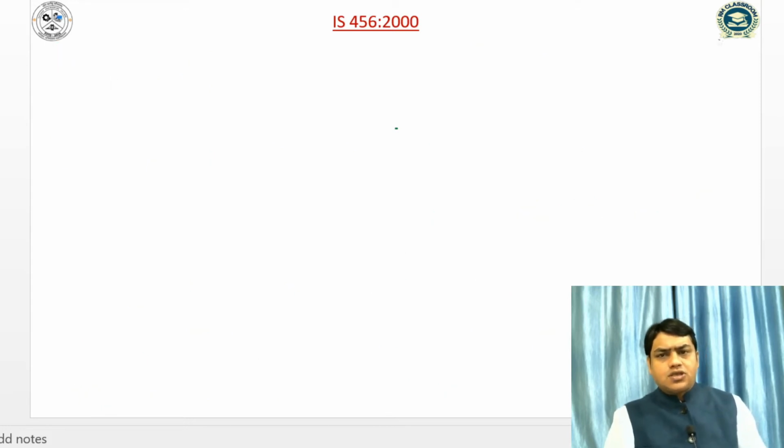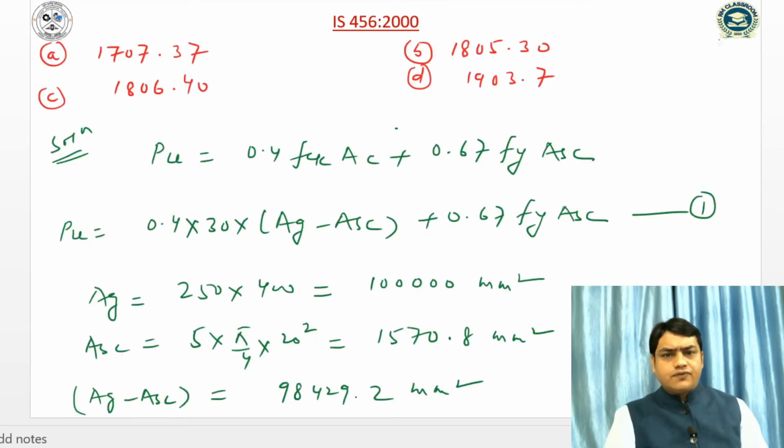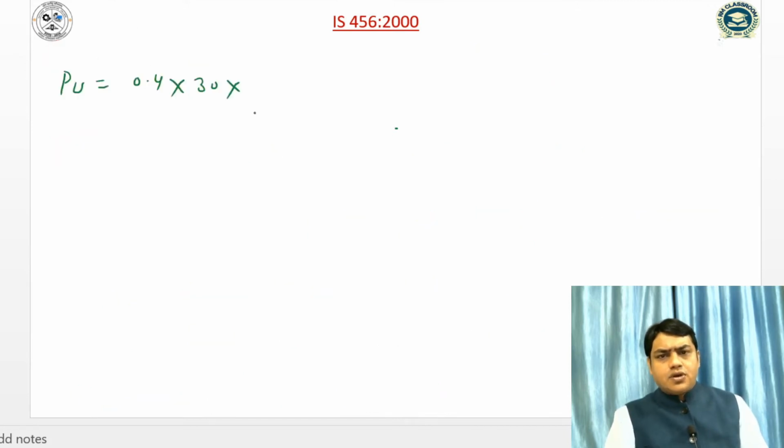So the axial load can be computed as 0.4 fck into Ag minus Asc, so it will be 98429.2, plus 0.67 into 500 into Asc.